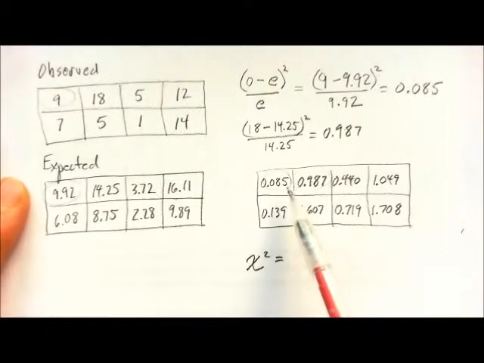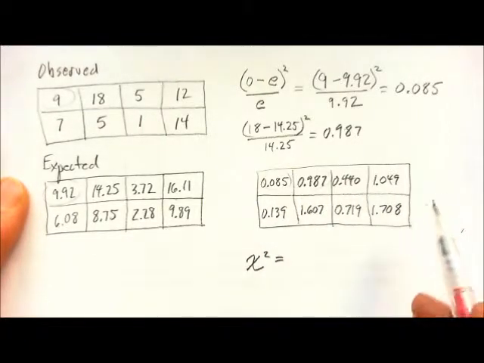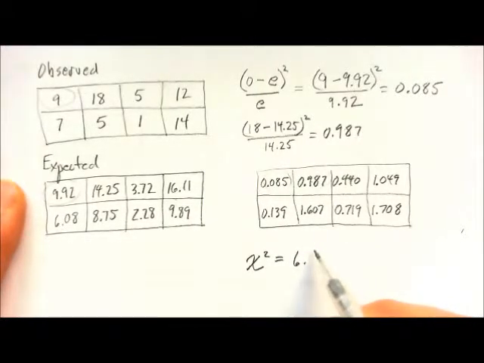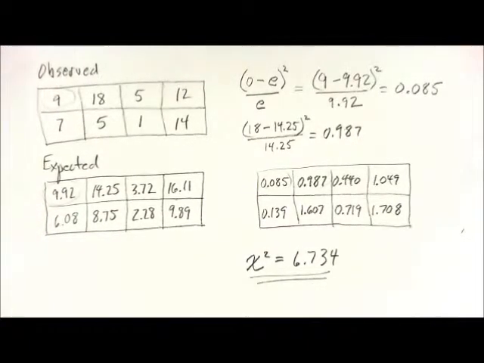When I add all those up, which you can easily do on your calculator, the value we get is 6.734. So again, this is analogous to a z or a t. In particular, you might want to think of the t from the t-test we just did.